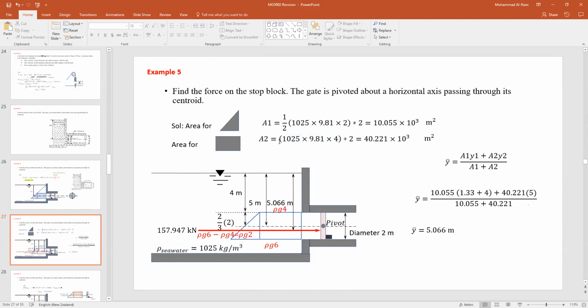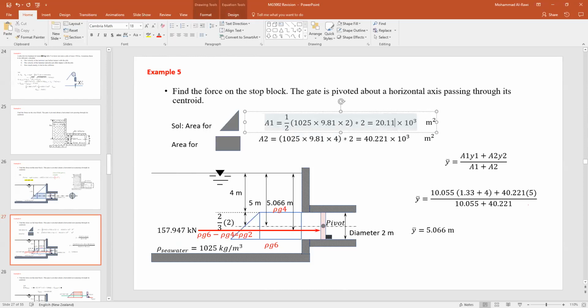And area 2, you get that distance, 1025 times 9.81 times 2, which is the entire of that. So that should be about 20.11 divided by 1000. So it's 20.11.